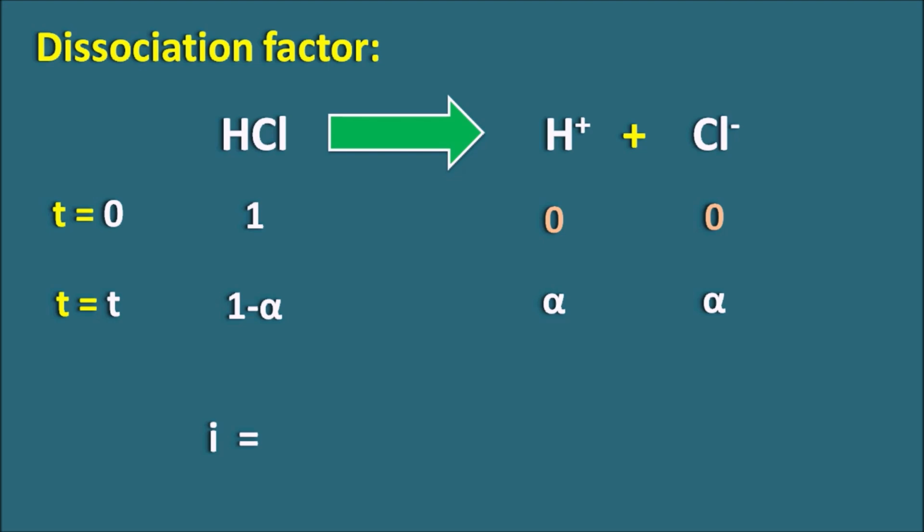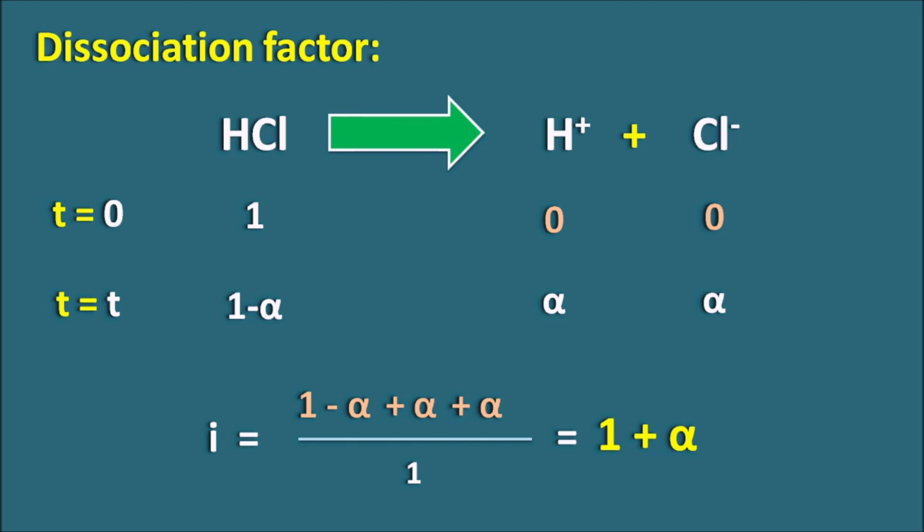So we can write (1 minus alpha) plus alpha plus alpha, after dissociation: 1 minus alpha corresponding to HCl, alpha for H+ as well as alpha for Cl-, divided by the number of species before dissociation, that is only 1 mole of HCl. If we solve this, we get i = 1 + alpha. So the dissociation factor i is equal to 1 + alpha, where alpha is the degree of dissociation.